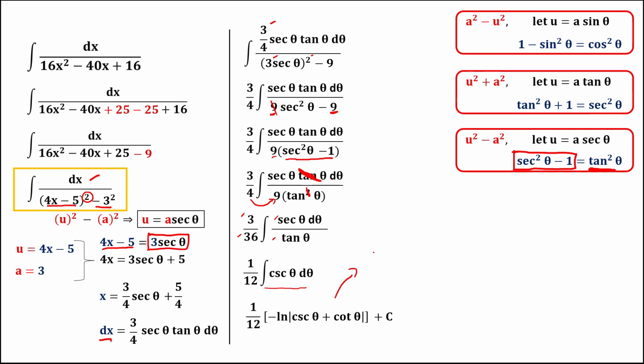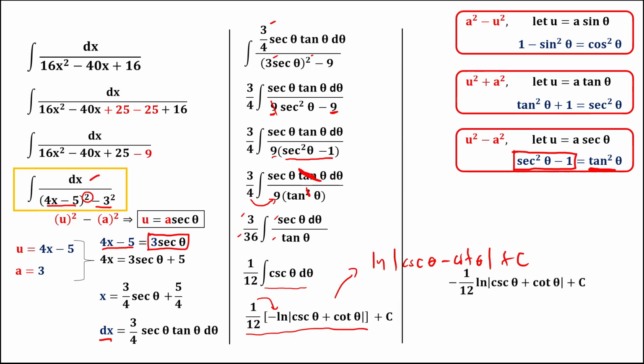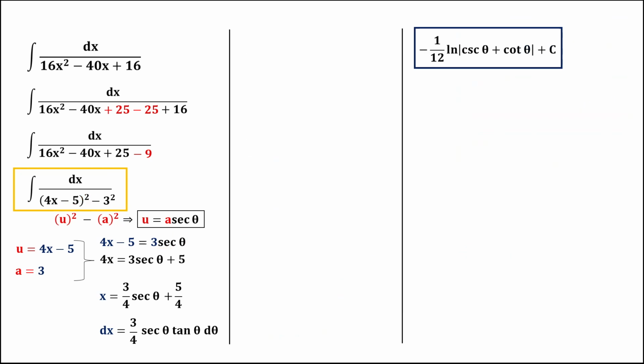Or you can have this positive ln cosecant theta minus cotangent theta plus c. Then we need to simplify. So multiply this negative, so we have negative 12 ln cosecant theta plus cotangent theta plus c. Then from this, we need to find out the values for this cosecant theta and cotangent theta.